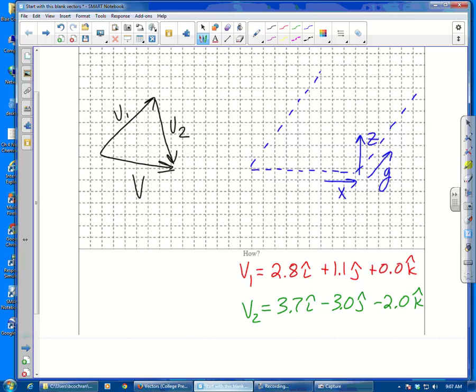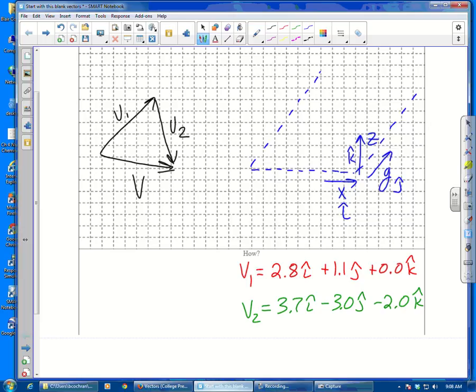So remember, x is the same as the i direction, y is the j direction, and z is the k direction. And so what this is telling me is that v1, the vector v1, is made up of 2.8 units in the x direction, 1.1 in the j direction, and none in the k direction.